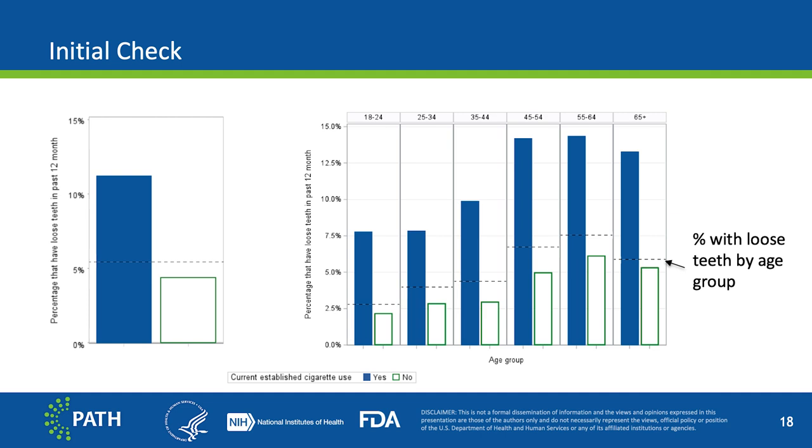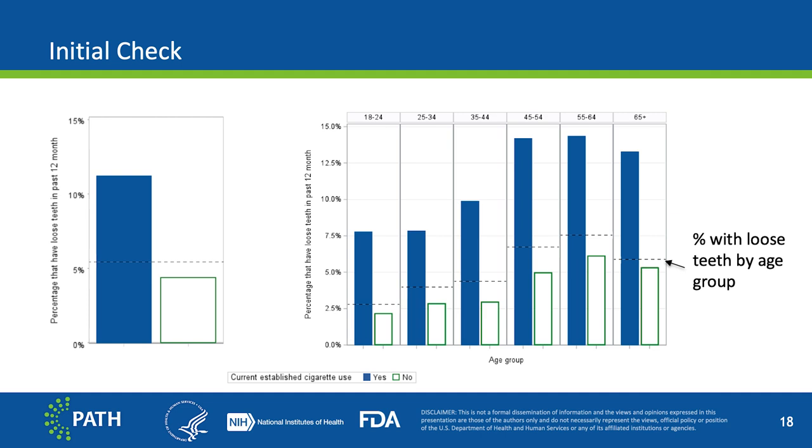The plot on the right represents the distributions by the 6 age categories. If age is moderating the relationship between smoking status and loose teeth, we would expect the difference between percentages with loose teeth in the two cigarette use groups to vary across the 6 age categories.